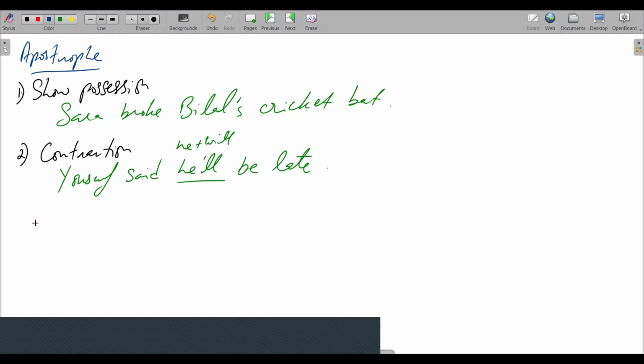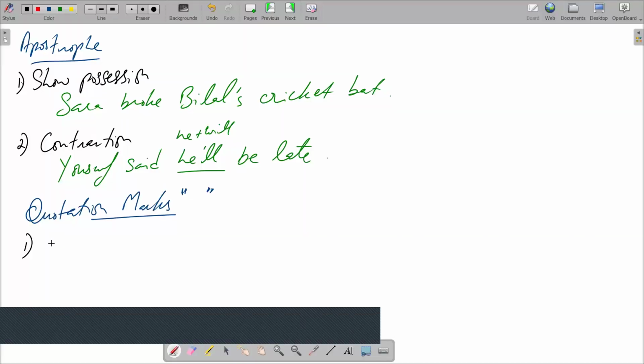And yeah, I think we can manage the quotations, the double quotation marks. These ones. And these are used to show a quoted passage.